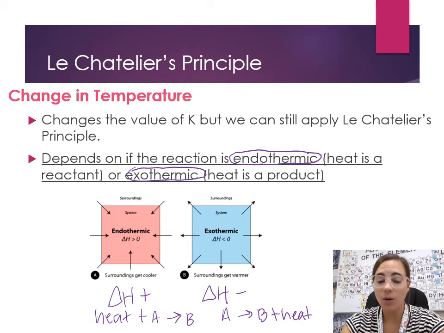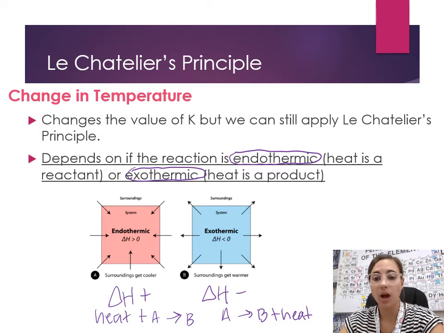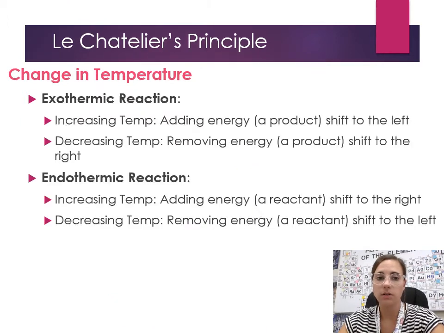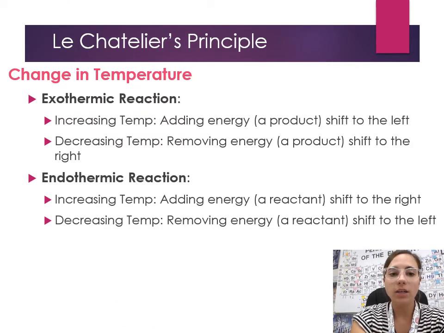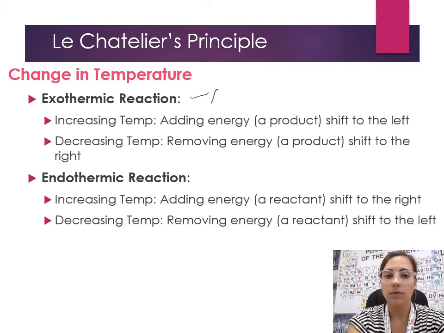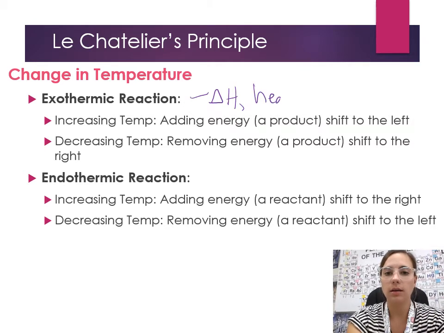So now that we know for an endothermic reaction, heat is a reactant, and for an exothermic reaction, heat is a product, we think of it the same way we thought of when we added or removed reactants and products.